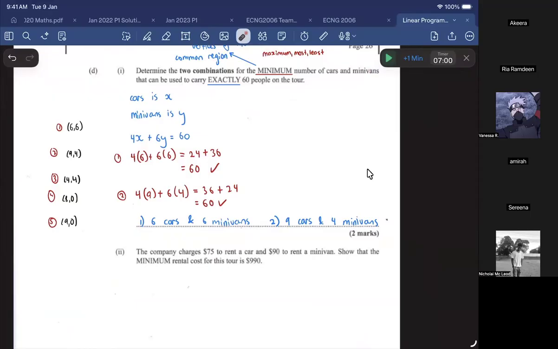So the minimum number. And in part two, look at what they're asking us. I believe you could figure out this question without my help. See if you could do it. Do you have any suggestions? Any ideas?